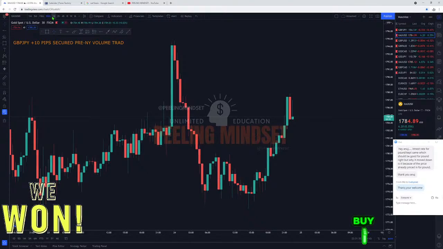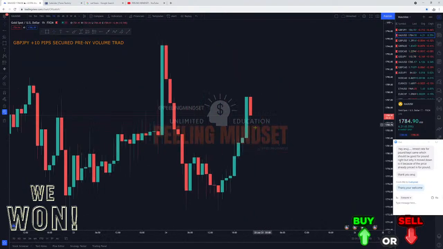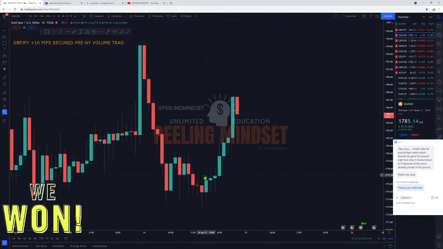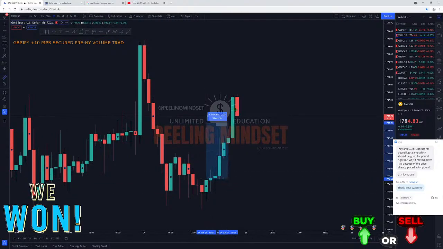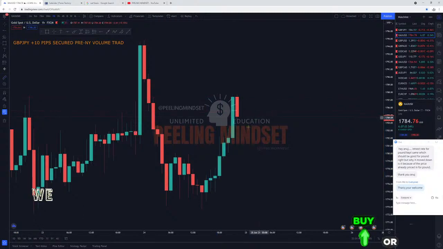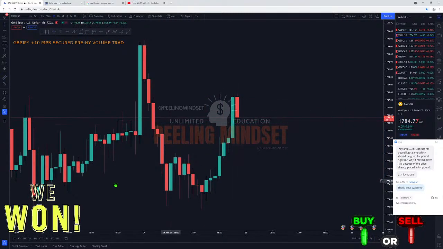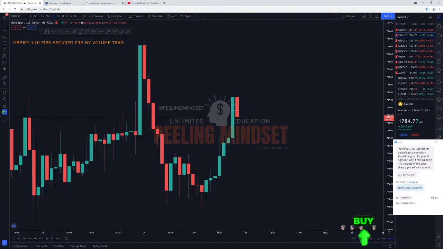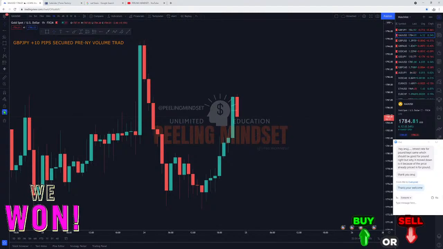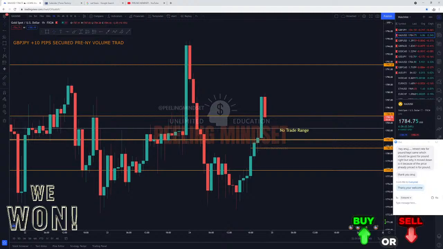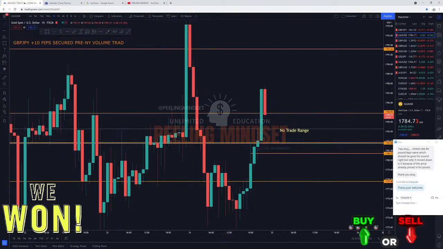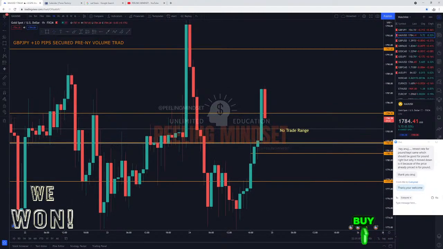So gold has already significantly moved up from around London today. The prices have been pushing up from around London all the way till here, and prices right now are retracing even lower. Is that just to grab liquidity to move up? So there's nothing like fireworks that happened here.